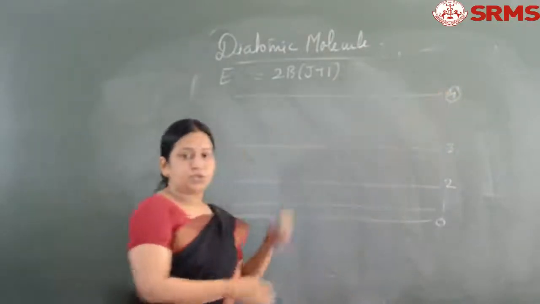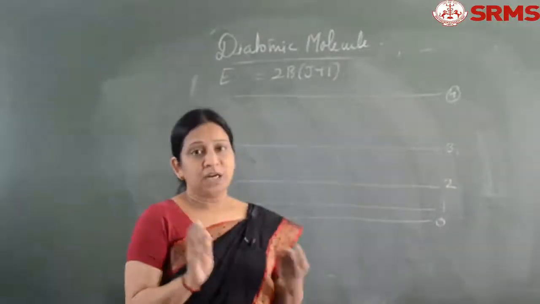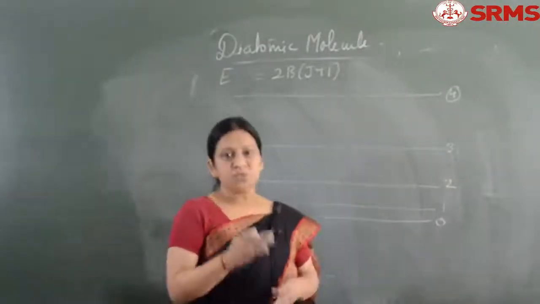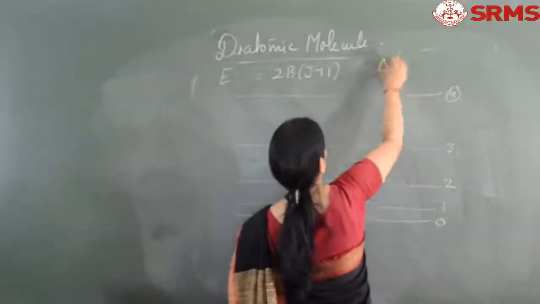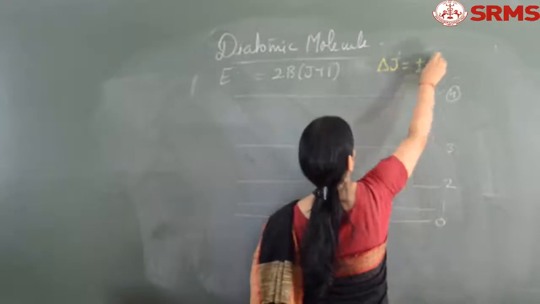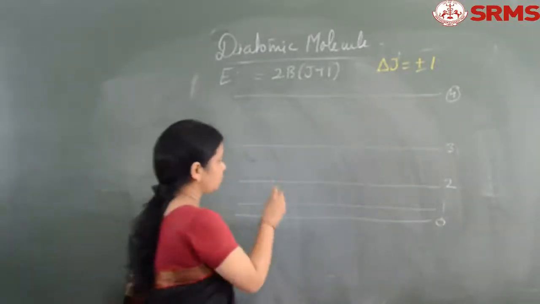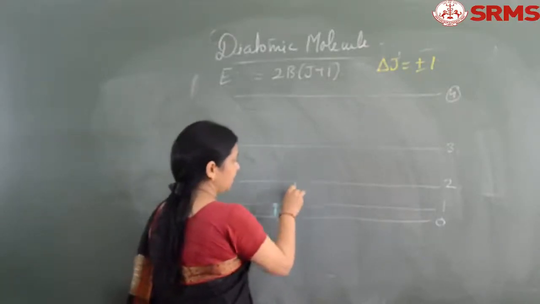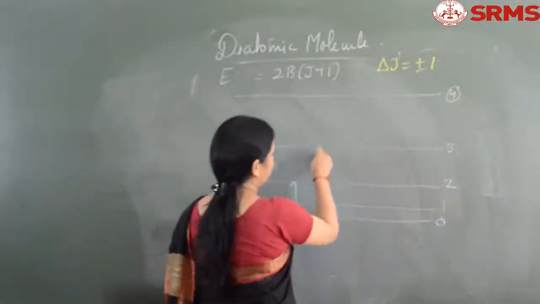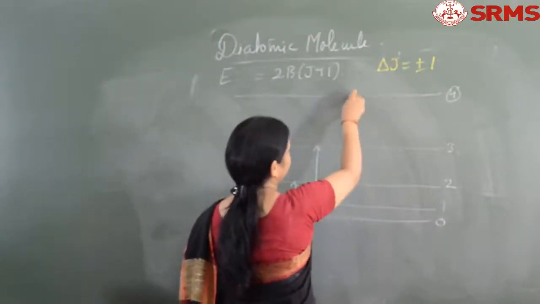So these are the rotational energy levels. Now according to the selection rule, delta J is equal to plus minus 1, the transitions which are possible are from 0 to 1, then 1 to 2, then 2 to 3, and the last is 3 to 4.